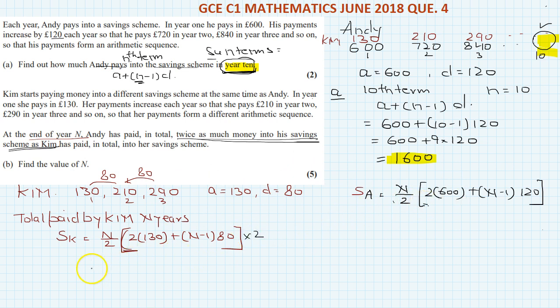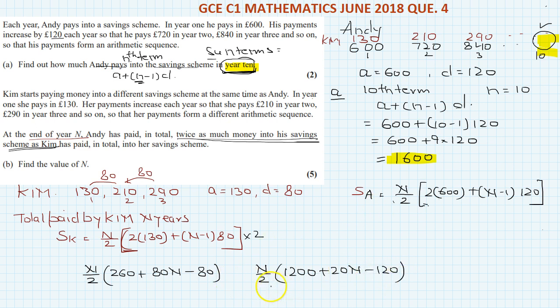So our equation is n over 2 times 260 plus 80n minus 80, and this one is n over 2 times 1200 plus 20n minus 120.